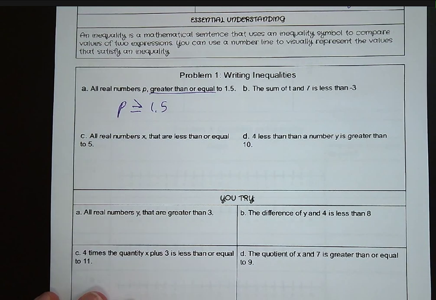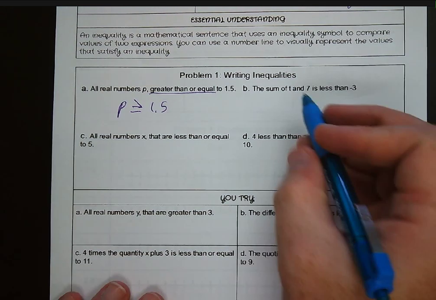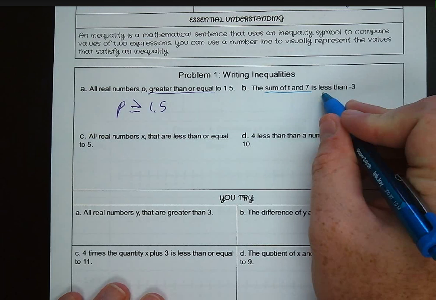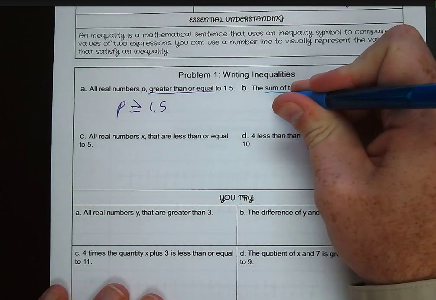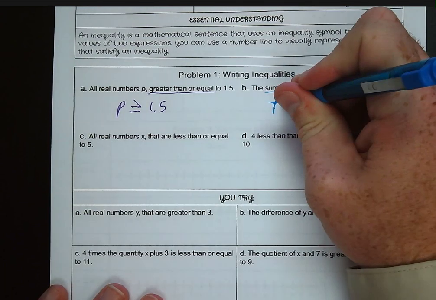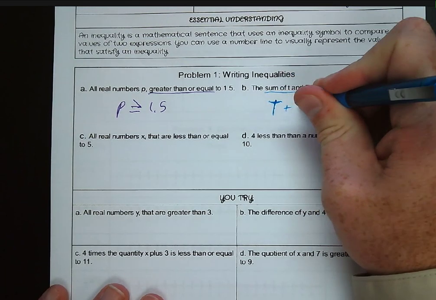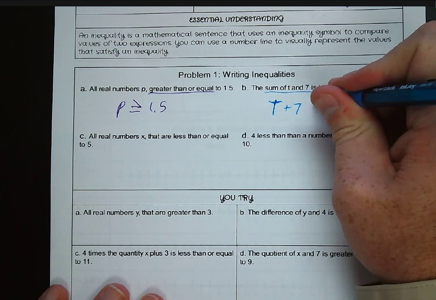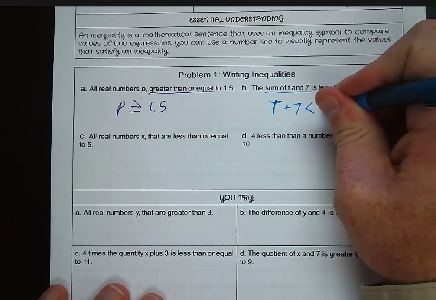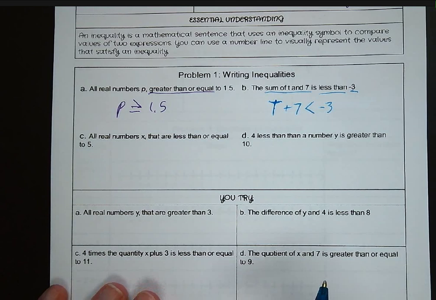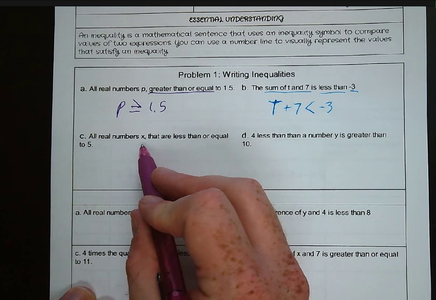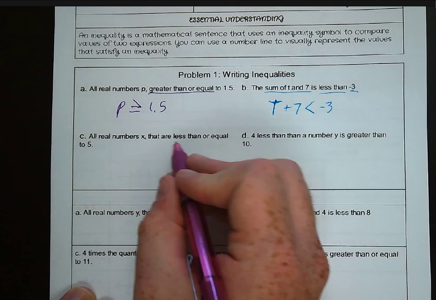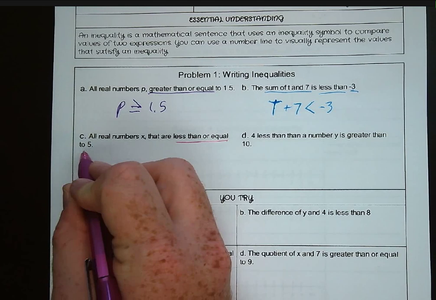Okay. Letter B, the sum of t and 7 is less than -3. So we have t, I'll make it a capital, plus 7 is less than -3. Letter C, all real numbers x that are less than or equal to 5.